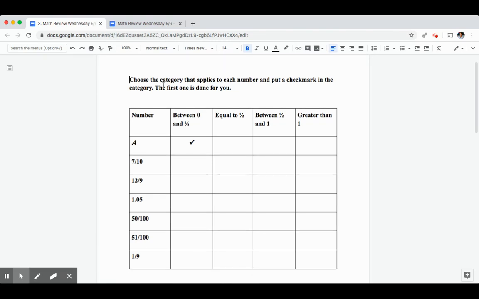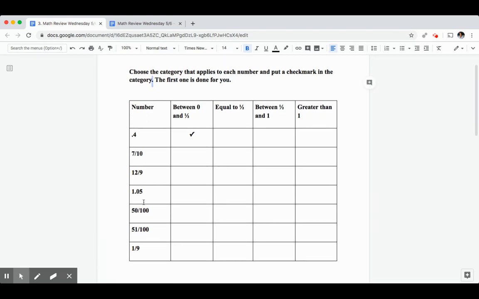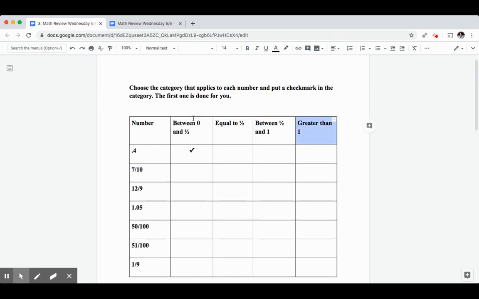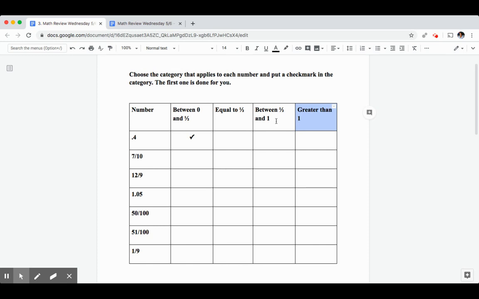Okay, for the beginning of math review today, we needed to determine whether or not the numbers or fractions we were given were between 0 and 1/2, equal to 1/2, between 1/2 and 1, or greater than 1. Notice that all of the benchmarks we're comparing our numbers to are fractions.